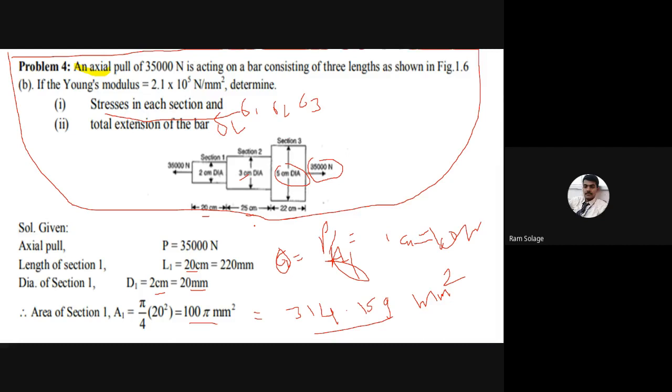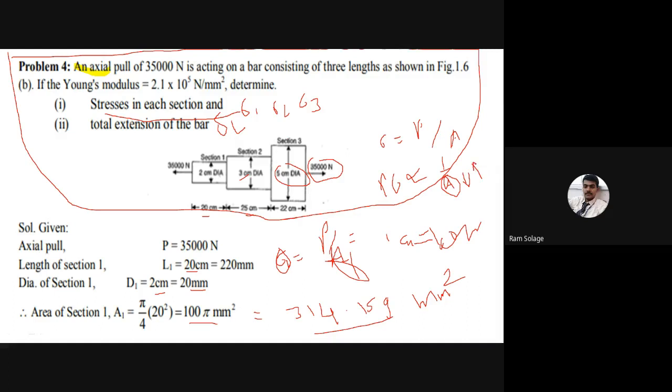Those sections having cross section area should be minimum because, what is the basic formula of trace? Trace is equal to force upon area. Correct? Because of that, trace is inversely proportional to area. Means what? The section having minimum area, that time trace will be the maximum.